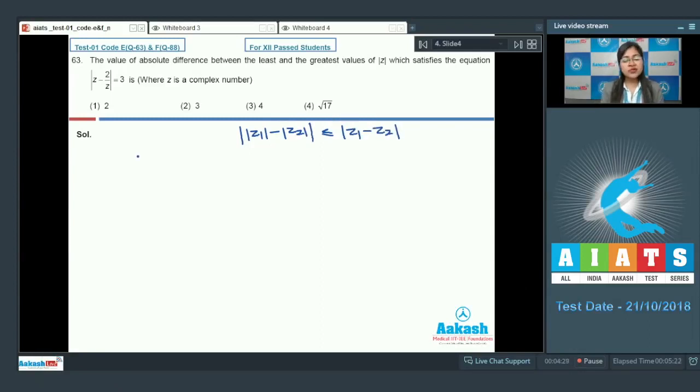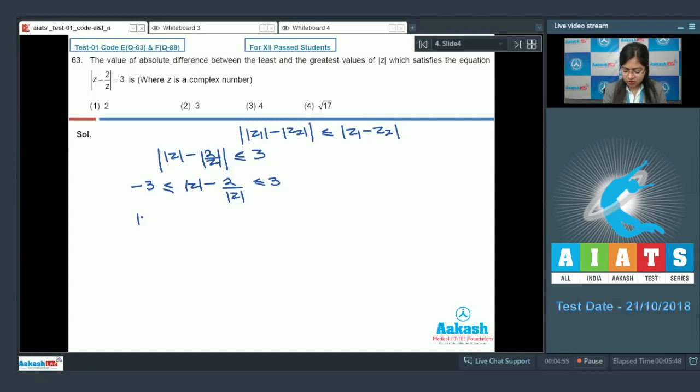Using this property here, we can write modulus of mod z minus mod of 2 upon z is less than or equal to mod of z minus 2 by z, which is given to be equal to 3. So we can say that mod z minus 2 upon mod z will go from minus 3 to 3.